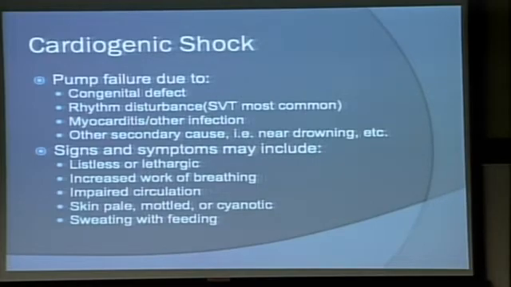Paroxysmal atrial flutter or fib is fairly common, but it's usually an SVT. Myocarditis and other infection can cause cardiogenic shock. Near drowning, stuff like that, can give you cardiogenic shock.